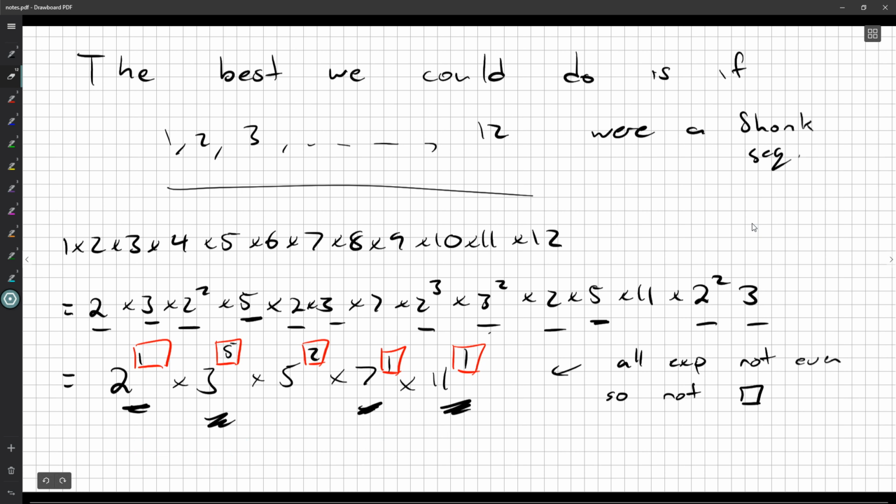Okay? But we do have 10 copies of 2 up here. So it looks like we need to lose one factor of 3, 7, and 11 each, because we've got enough.